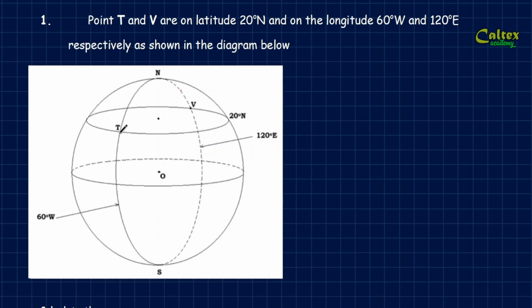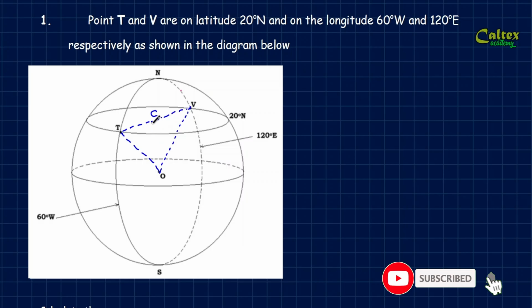Let's join this point T to the center of the Earth with O here, and also V. Then also we can join T to V via the center of the minor circle here, with maybe center C. Then here we can maybe use a different color to illustrate our angle.